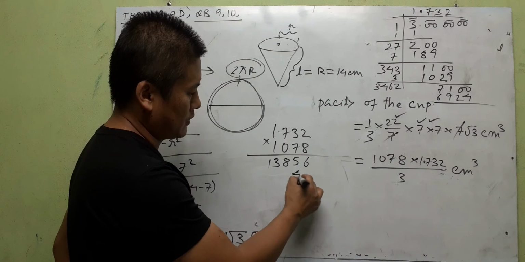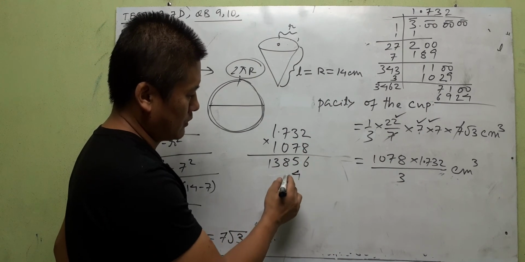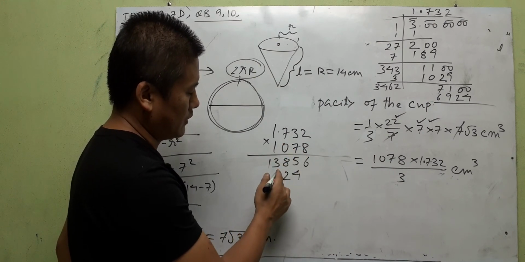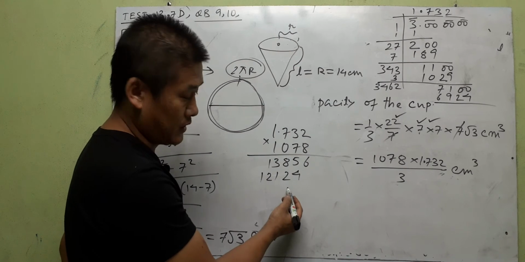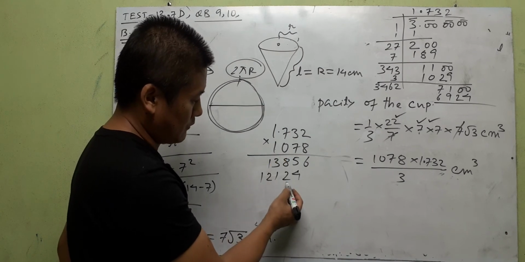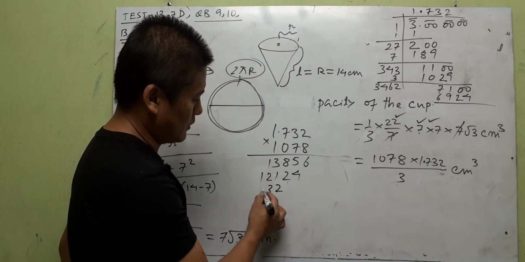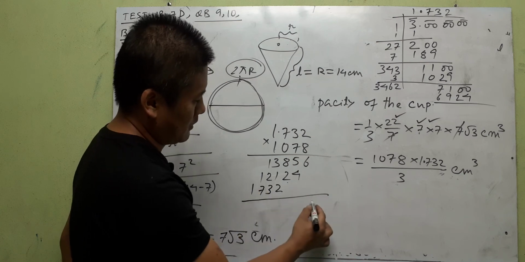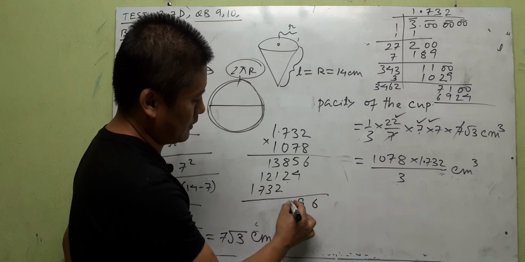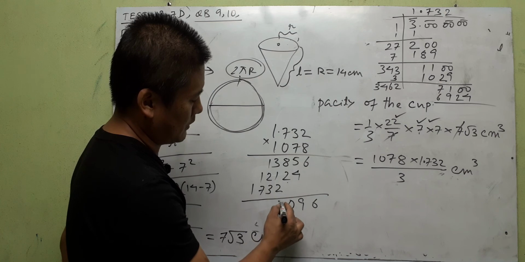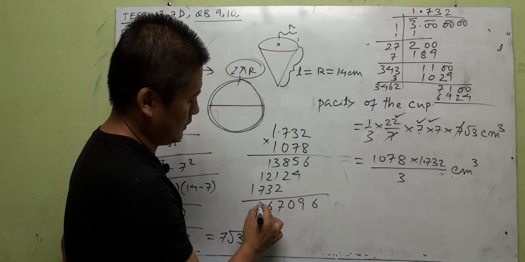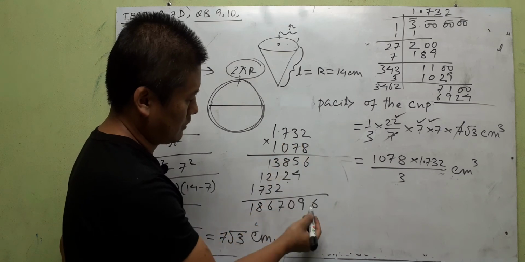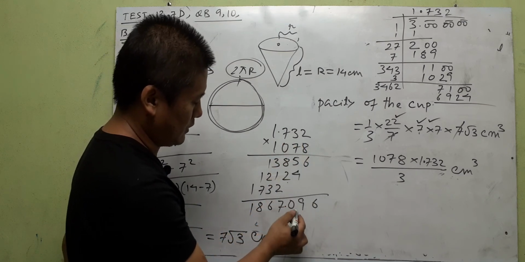Then 7 2s are 14, 7 3s are 21, 22, 49, 50, 51, 5 in hand, 7 1s are 7 plus 5, 12. Then a 0 would have been here, but no need to multiply 0, so go here instead. 1 2s are 2, 1 3s are 3, 1 7, 1 1. And we add the 9 here, and so on, to get the total.